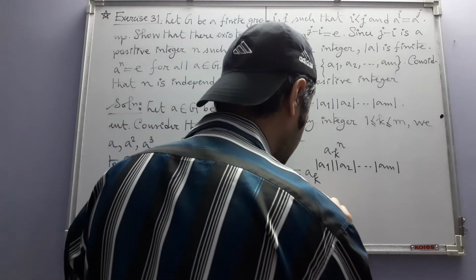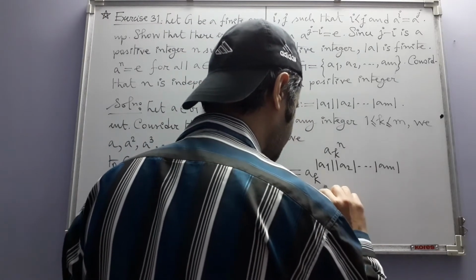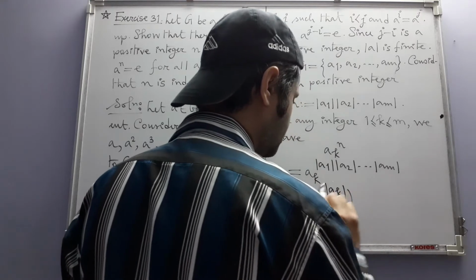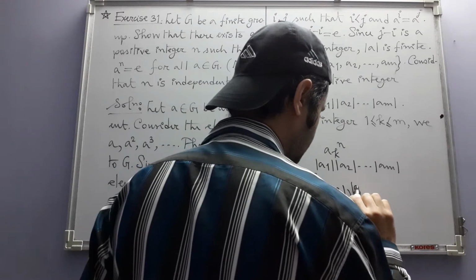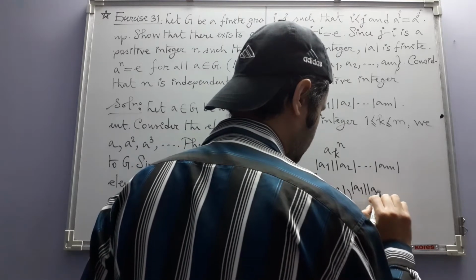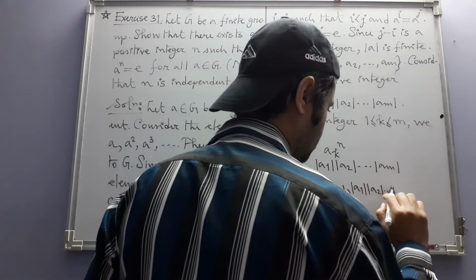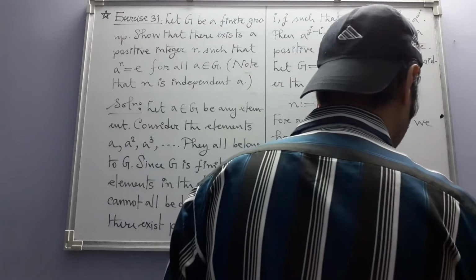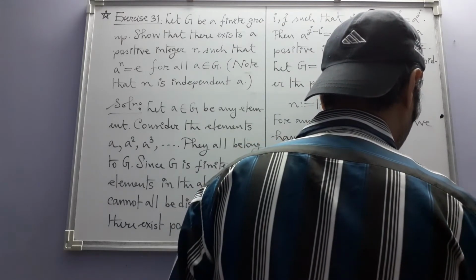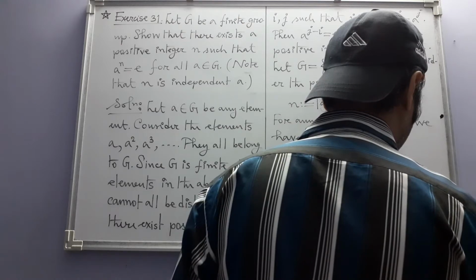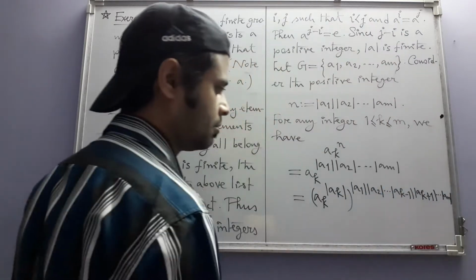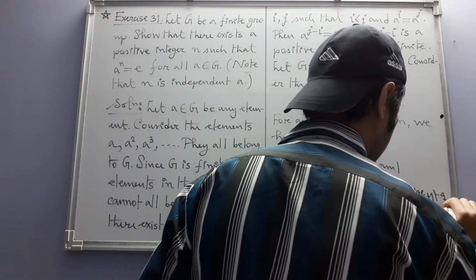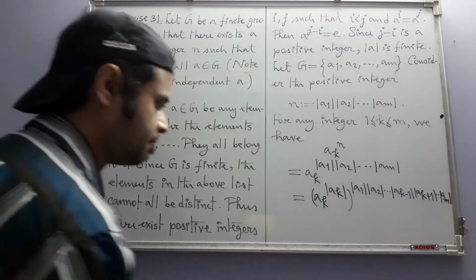So by that rule of exponents, this can be written as a power of ak, times the factors of the orders of a1 up to ak minus 1, ak plus 1, up to am.